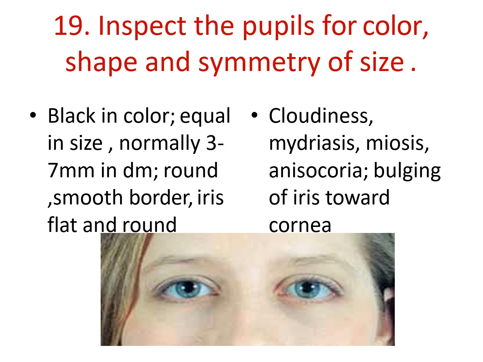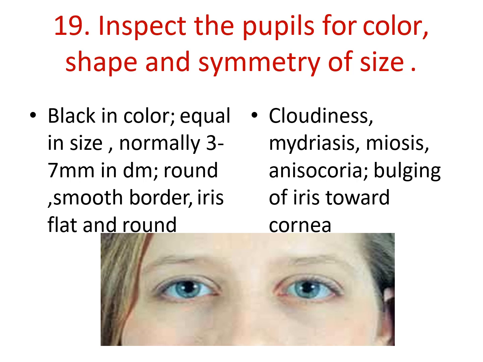Of course, do not forget to inspect the pupils for color, shape, and symmetry. Normally, the pupils are black in color, and check the size as well. Normally, it is 3 to 7 millimeters in diameter.